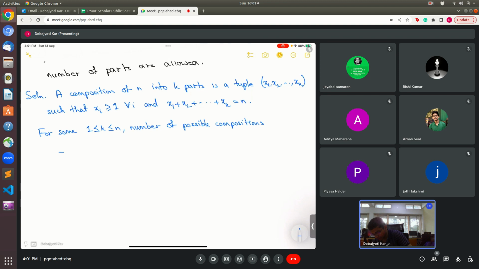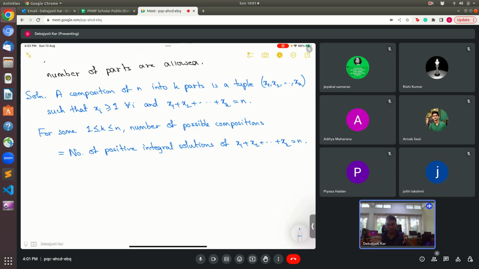So the number of possible compositions into k parts is nothing but the number of positive integer solutions of this equation, x1 plus x2 plus up to xk is equal to n.